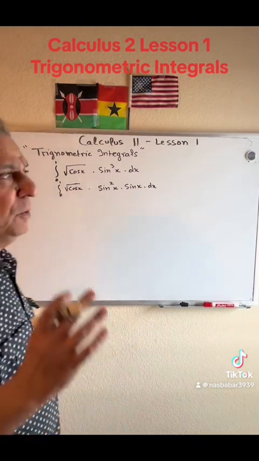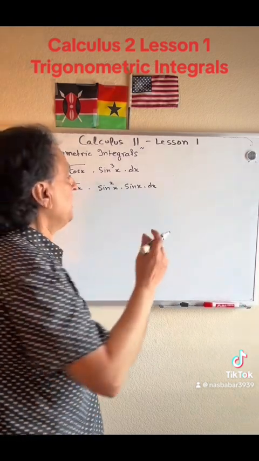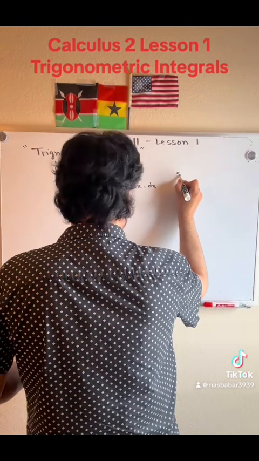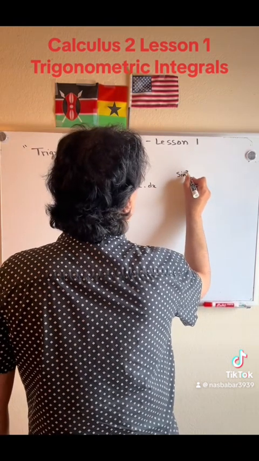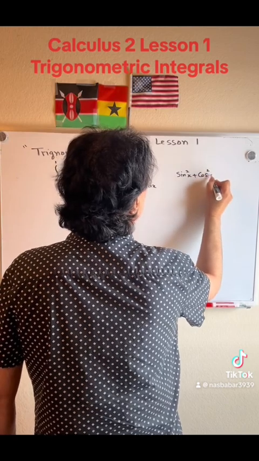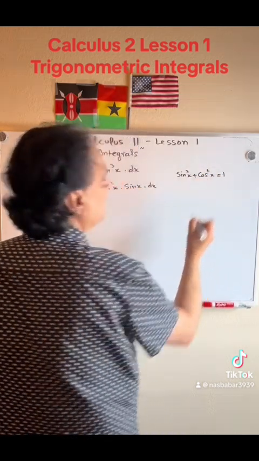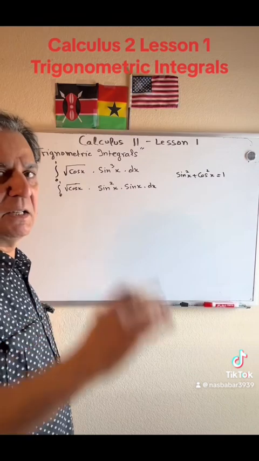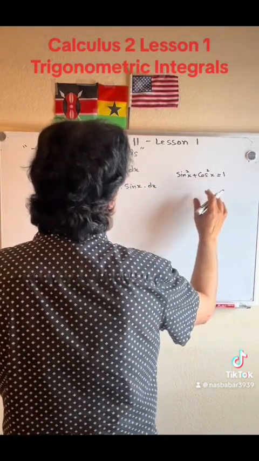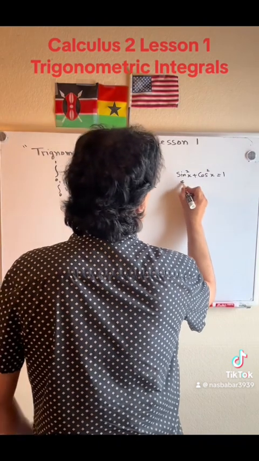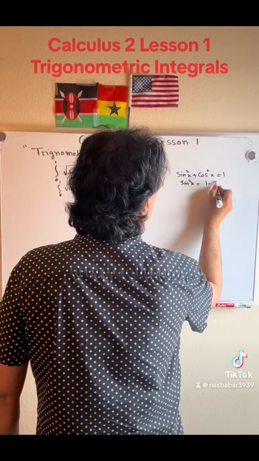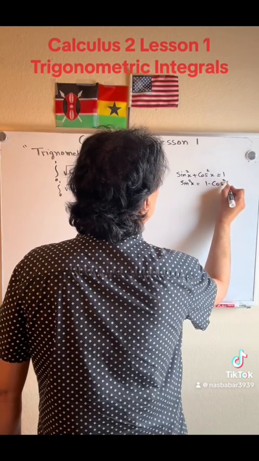Now, from your trigonometry, you must remember that sine square x plus cosine square x is equal to 1, right? We established that in trigonometry. So then we can say that sine square x is equal to 1 minus cosine square x.